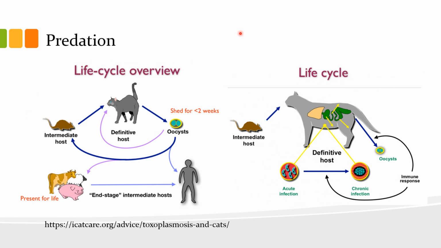Most cats are infected by eating meat containing Toxoplasma gondii cysts, which can include raw or inadequately cooked meat, or more commonly prey species. In this case, we have the rodents that can serve as prey for cats, which are the definitive host of the protozoan parasite Toxoplasma gondii.